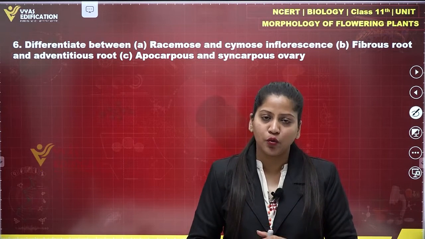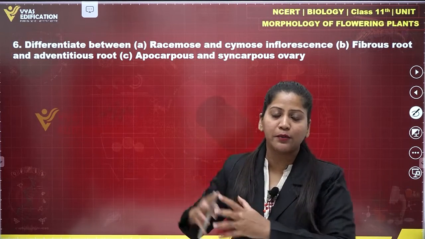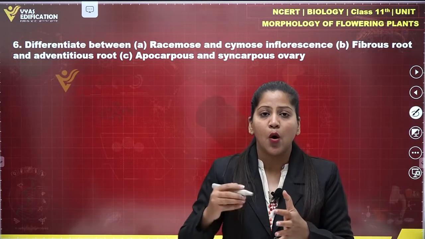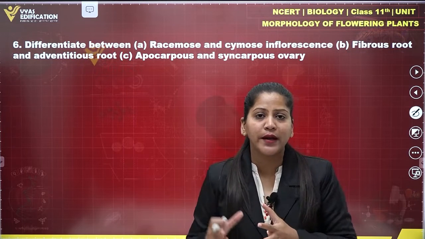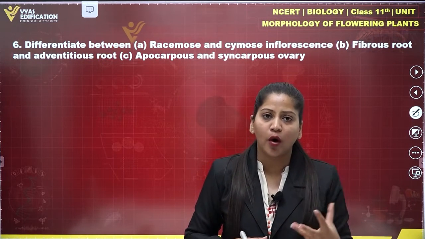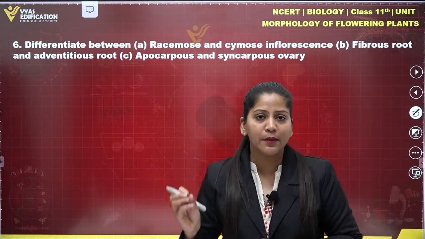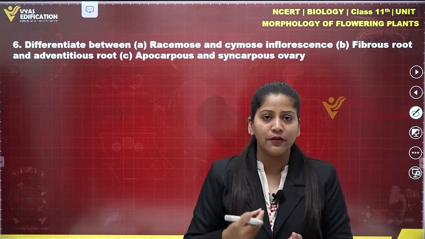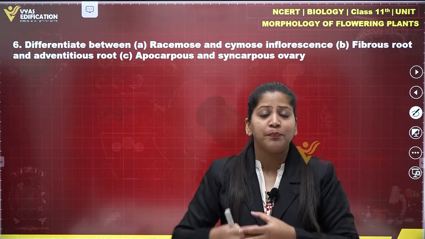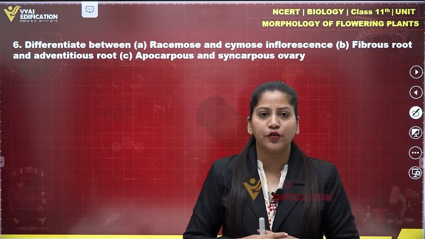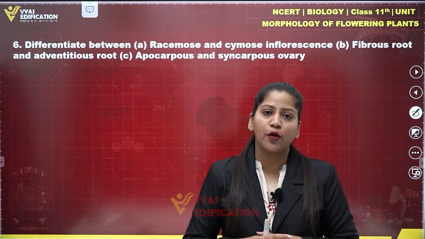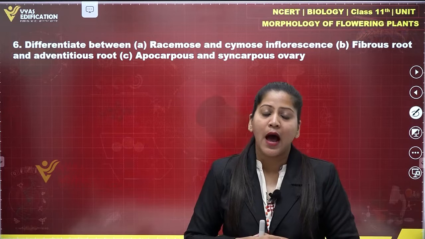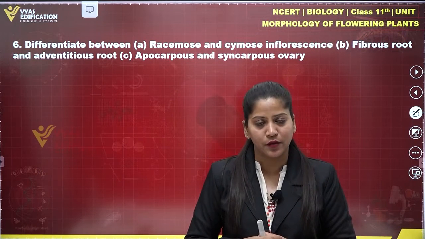In fibrous root, the primary root originated from the radicle of a seed is short-lived and is replaced by various numbers of roots which originate from the base of the stem. So this is fibrous root and is found in wheat and cereals.